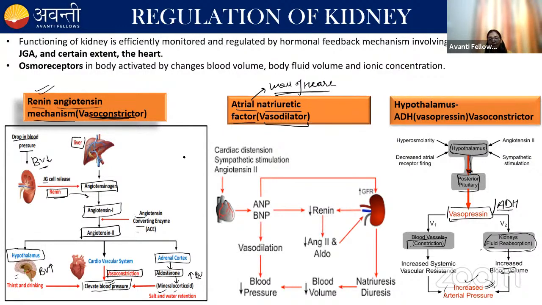Dilator means relax. So they will relax the vessels or increase the lumen of the blood vessels. So they will act as a vasodilator and decrease the blood pressure, or help in lowering the blood pressure. And they also stop this renin-angiotensin mechanism. Okay? I hope it is clear.